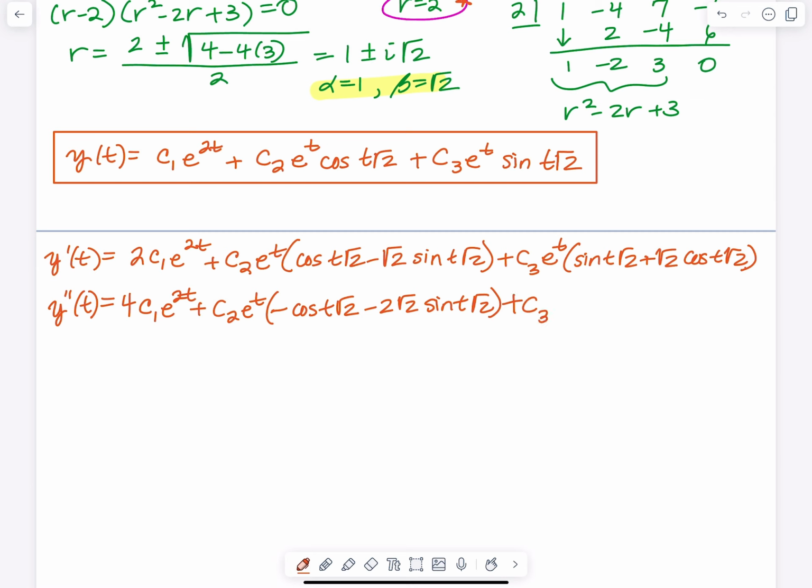And then here's our c3 e to the t, and we have the opposite of the sine of t root 2 plus 2 root 2 cosine of t root 2.